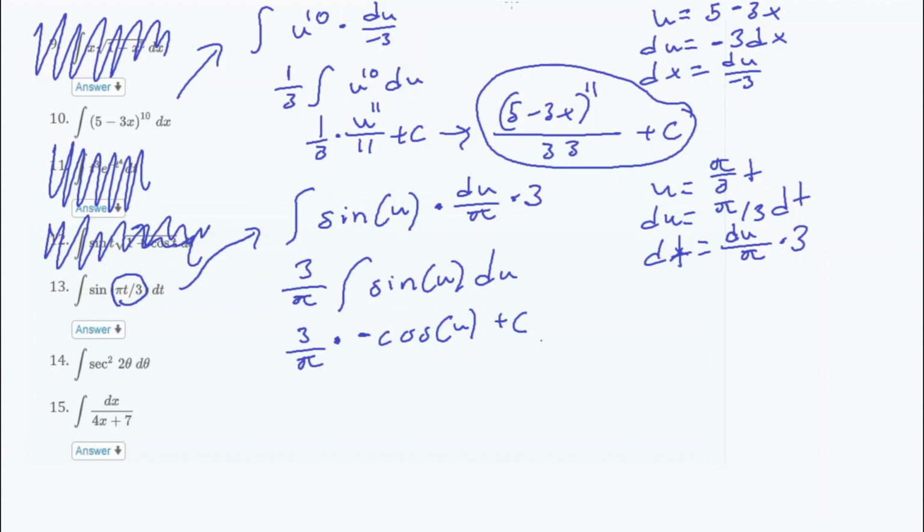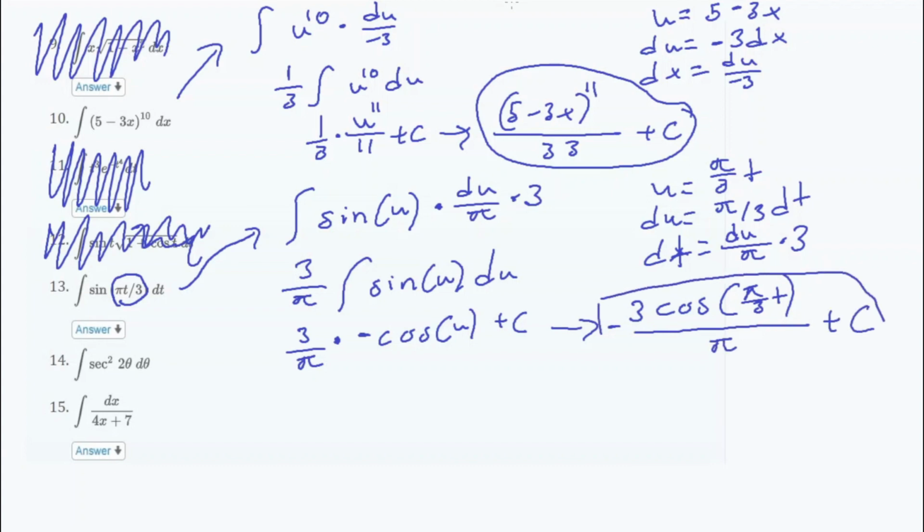So let's simplify this a little further and plug in for u. So we're going to have negative 3 cosine of pi over 3 t, and the denominator is just going to be pi, and then plus c. And that's our final antiderivative.